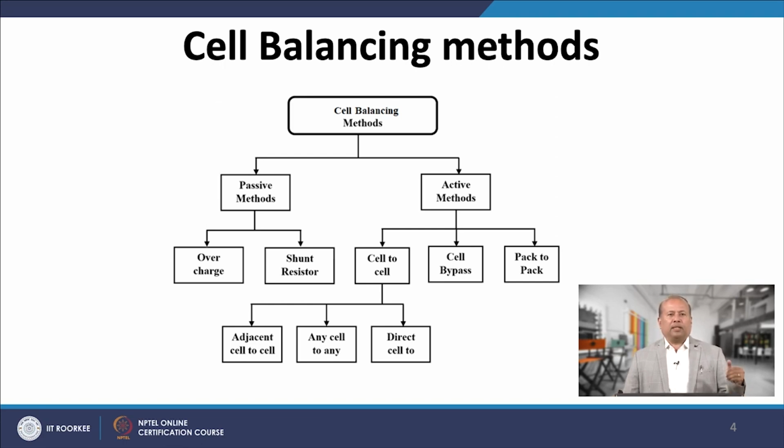The basic balancing required for a module is cell to cell balancing, also called cell balancer. This is again subdivided into adjacent cell to cell, any cell to any cell and direct cell to cell balancing. Let us consider the passive balancing system.